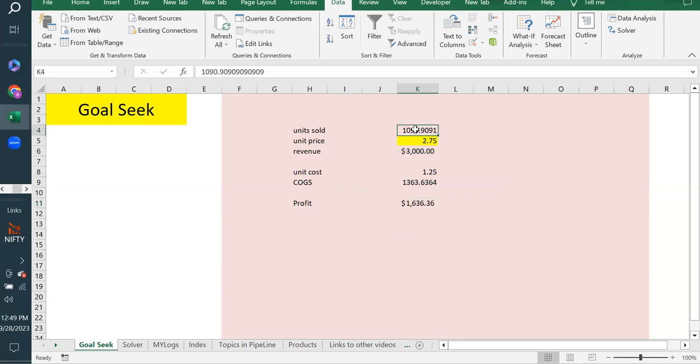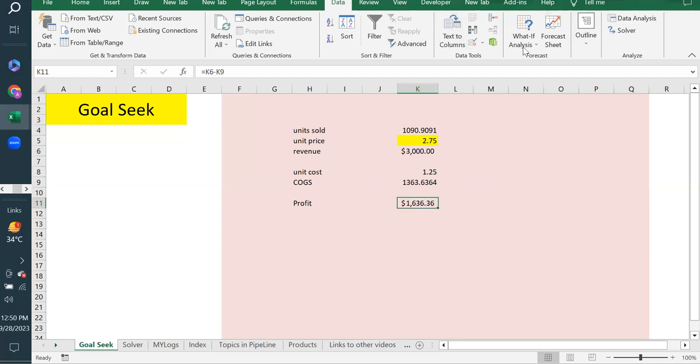So how many units are you supposed to sell while keeping this unit price and the unit cost, which is $1.25, fixed? This is also how you shift the focus from revenue to profit, and you want to determine how many units are supposed to be sold, right?